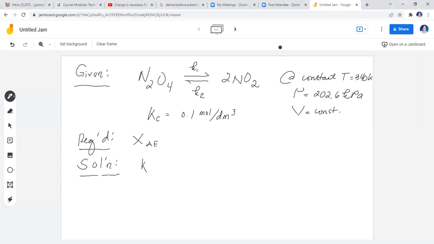So you write Q sub C is equal to, we'll have 0.1, and this is to be equated to what? Based on what you have learned yesterday, the equilibrium constant will be equated to what should I use here? If you're going to equate it with k sub 1 and k sub 2, you're not given both.